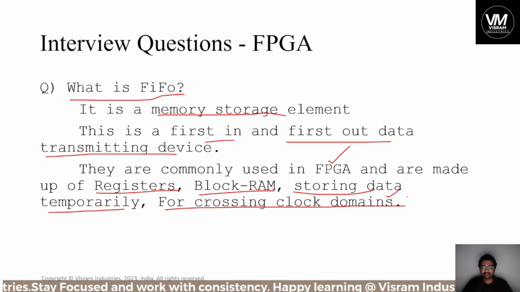For such cross clocking domain situations, data transfers from slow to fast and fast to slow between two different module clocks. Then if you keep a FIFO, it bears the speed of the data transmission. That is how FIFO is used.